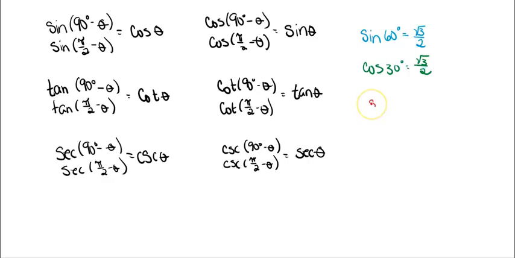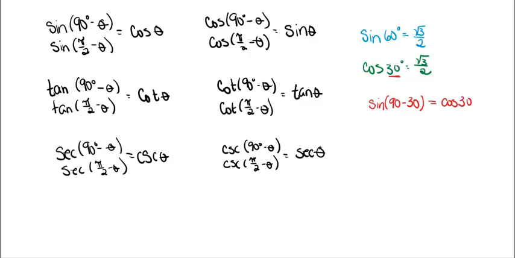So if I say the sine of 90 minus 30 degrees, I'm using 90 minus whatever theta is, and I'm letting theta be 30, is equivalent to the cosine of theta, which is 30.